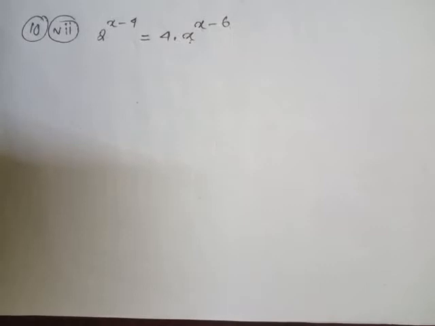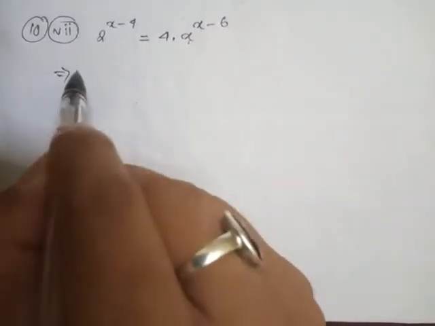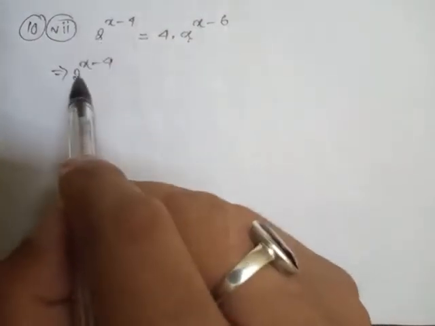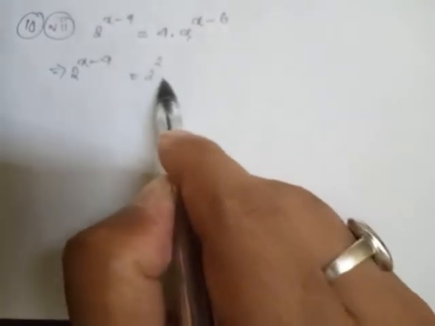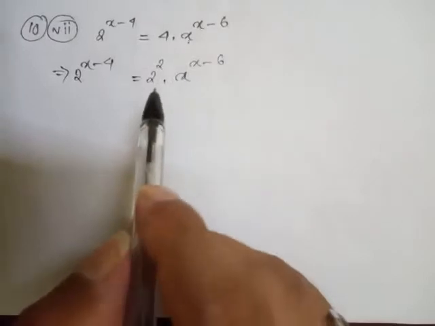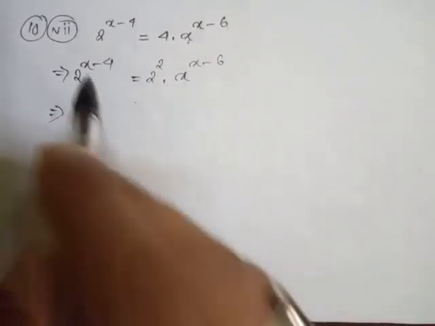Now look, how to solve this is very easy actually, not so hard. So 2 to the power x minus 4 equal to, that 4 can be written as 2 square into x to the power x minus 6. Now if I go for the division here, since these two are multiplied, we go for division.